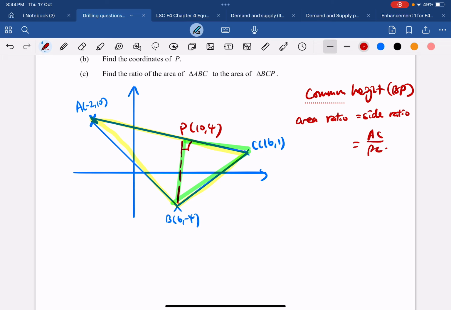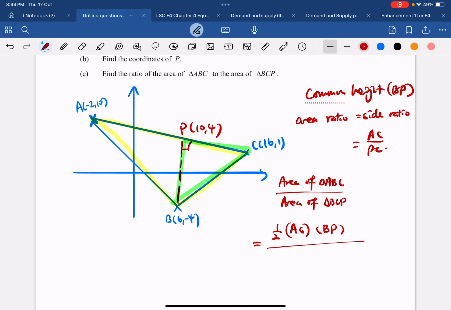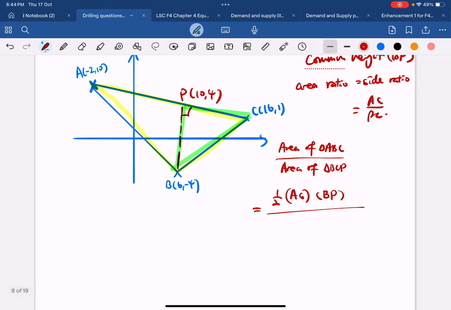Why? Let's see. What's the area of ABC? Let's see, a ratio, right? So area of ABC divided by area of BCP. So how do you find the area of ABC? It should be 1/2 times AC times BP, right? 底乘高除二啫. And then for BCP, the area will be 1/2 times CP times BP.